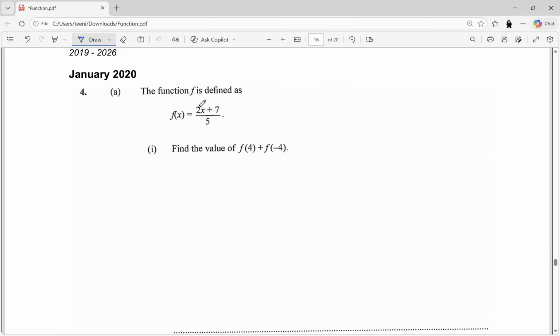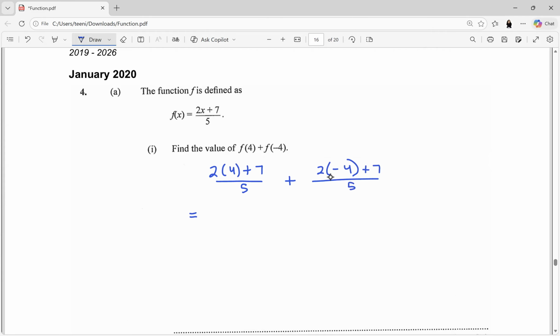f of x is equal to 2x plus 7 over 5. Find the value of f of 4 plus f of negative 4. So f of 4 is 2 by 4 plus 7 over 5, and f of negative 4 will be 2 by negative 4 plus 7 over 5.